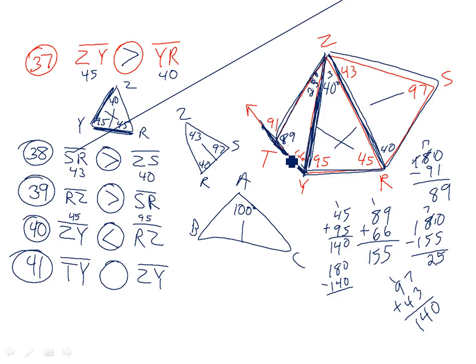TY is right here. What's it across from, Wade? Which angle? Which was 25, right? Okay, I can hardly read my 25 up here, but ZY is right here. Which one's it across from? So what symbol goes in here?